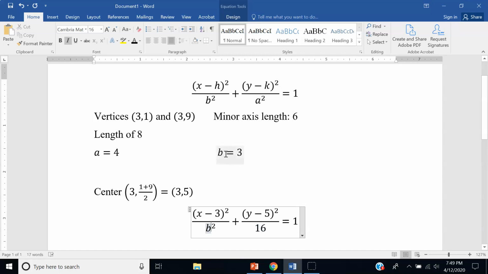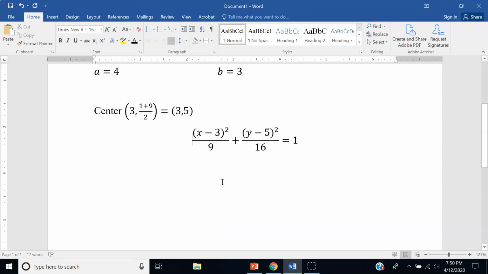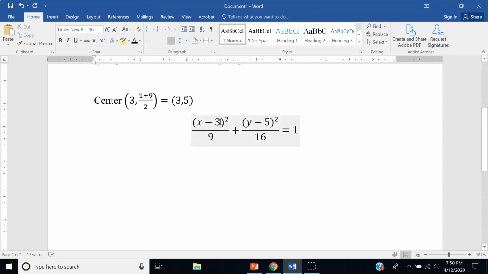I said major axis has length of 8, A is 4. Minor axis has length of 6, that means B is 3. 3 squared therefore is 9, and that's what we get. So that's the equation we were looking for: x minus 3 squared over 9 plus y minus 5 squared over 16 is equal to 1.